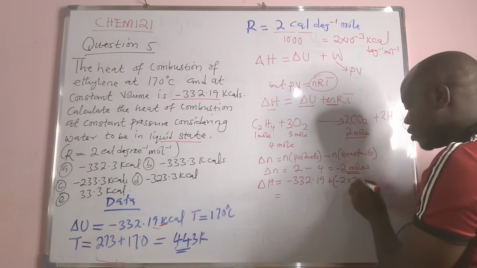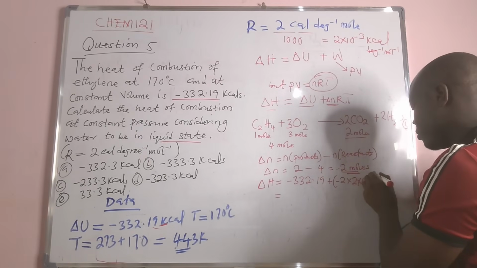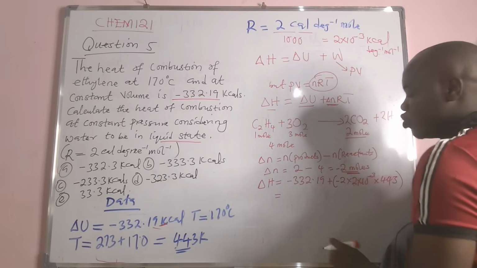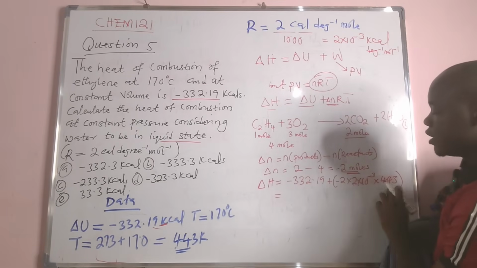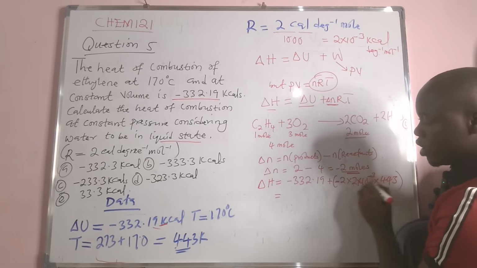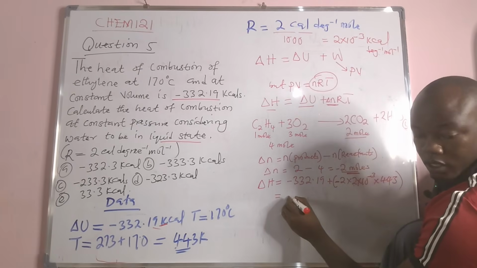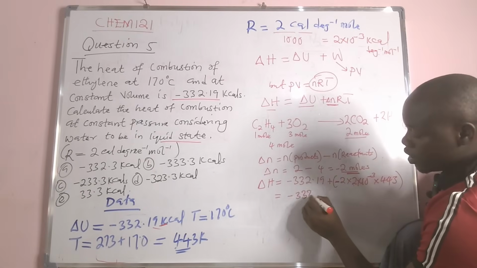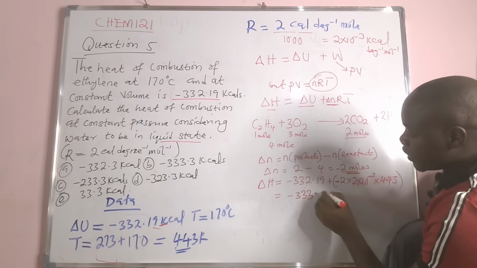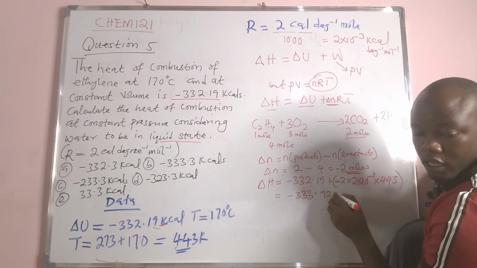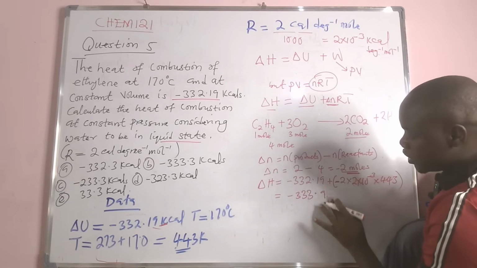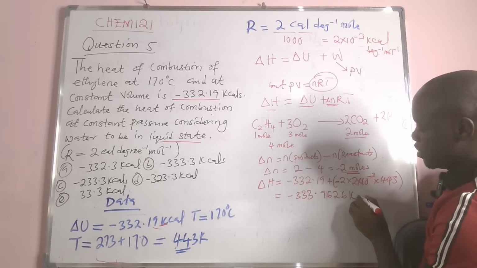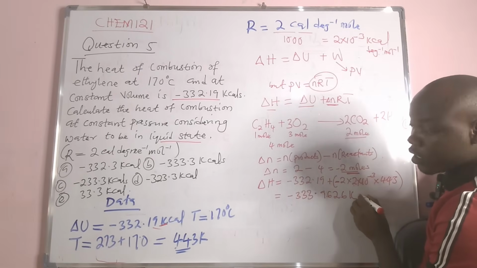So here we are now using 2 times 10 raised to the power of minus 3 times 443. When we now multiply this and everything, already here we have minus, this is going to give us minus 333.9626 kilocal.